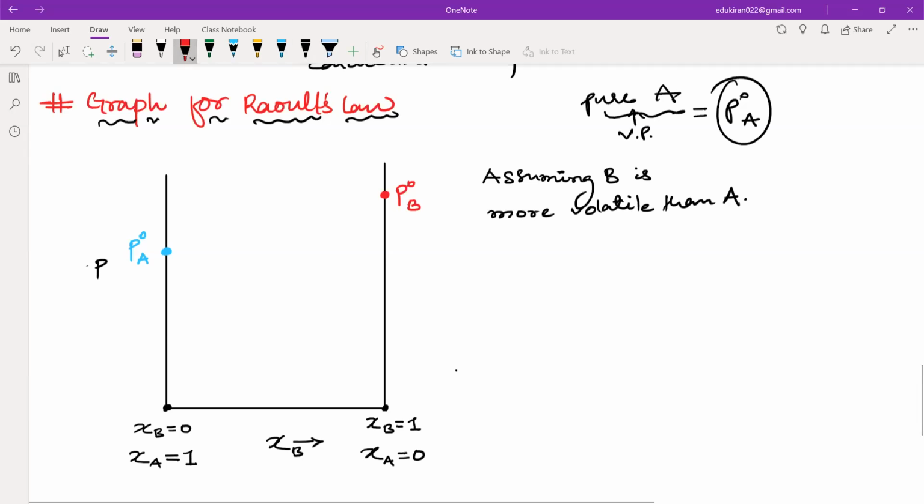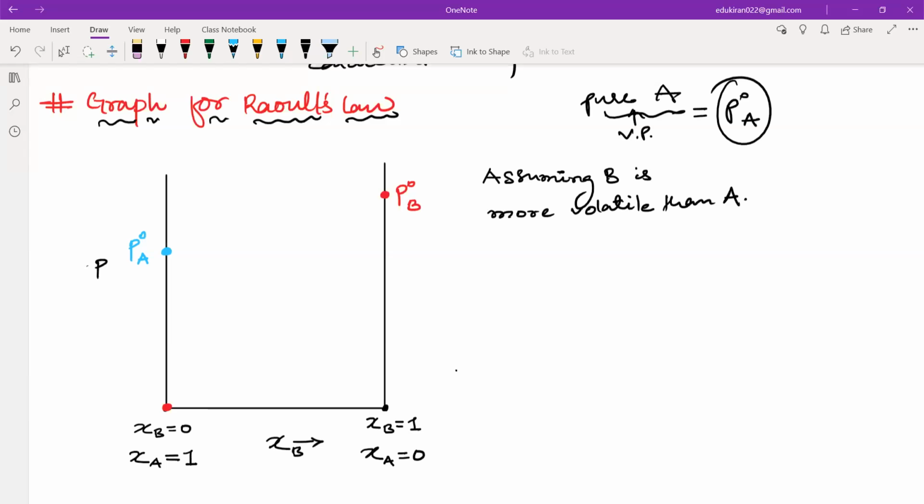Now I want all of your focus on this point once again, where chi B is equal to 0. If chi B is equal to 0, then there is no B. If B is not present, then the pressure due to B will also be equal to 0. Yes or no? Correct?